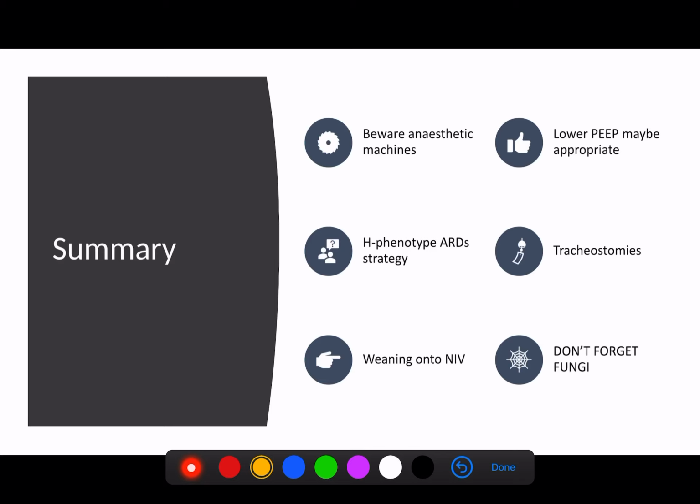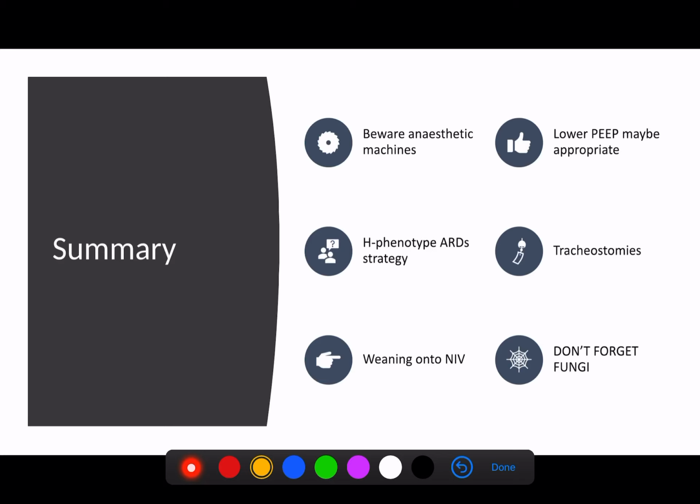Tracheostomies have a debatable place, and honest truth is we just don't know when the right time to do that is. And weaning onto NIV, although suggested, again, personally, I'm very reluctant to do this because of the high reintubation rate of these patients. I think if they're not ready to be extubated onto face mask oxygen, they're probably not ready to be extubated, but that's my personal opinion.